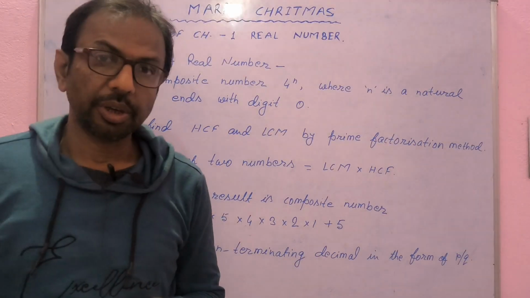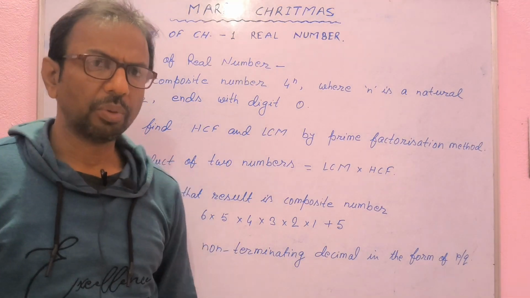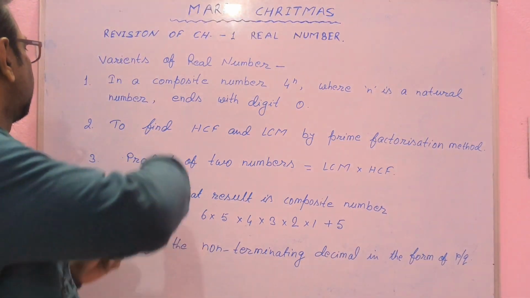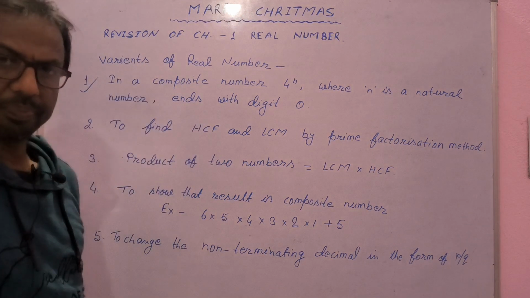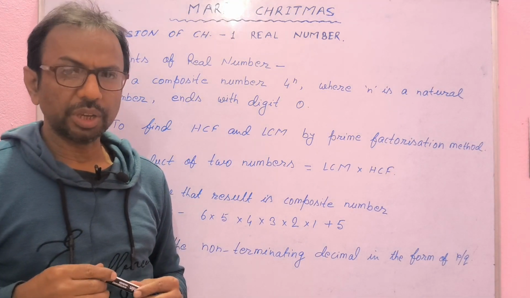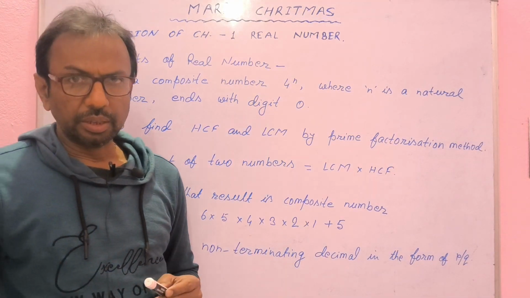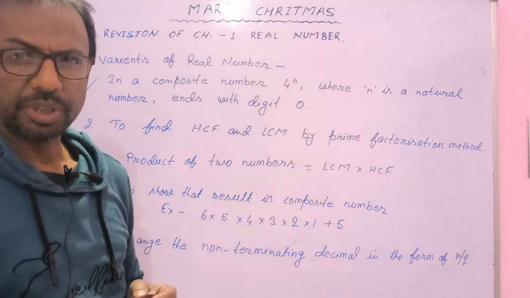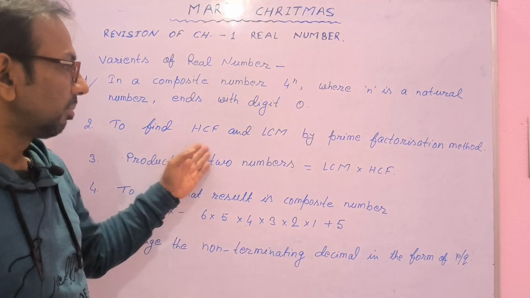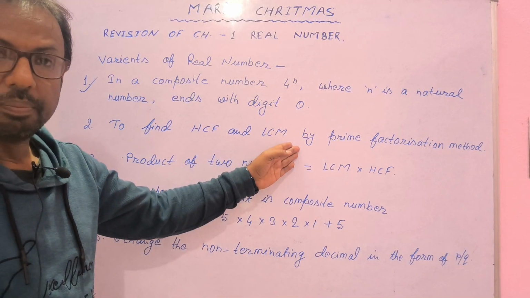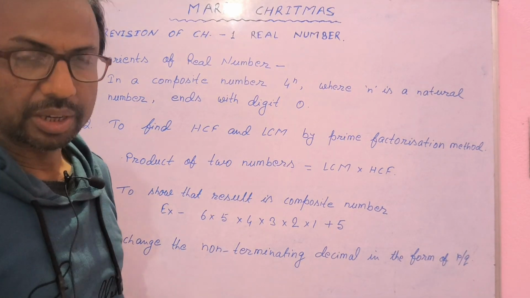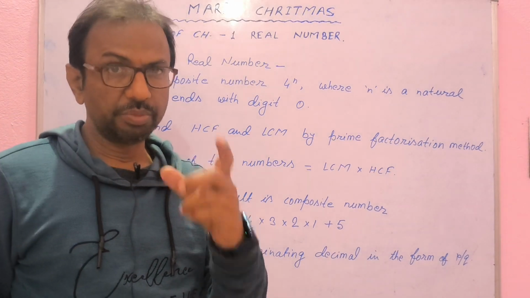Now I want to say about the important variants from where questions may be asked in the board examination. The first variant is important. In previous years the question was asked, and in the sample paper published by CBSE this variant is also given. This is a very basic thing, to find the HCF and LCM by the prime factorization method, but the questions may be twisted.